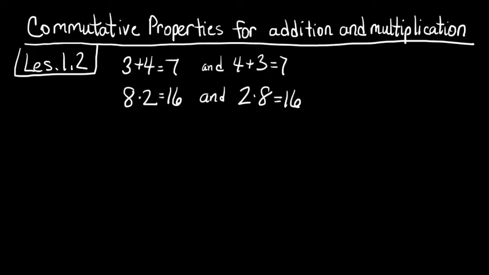If you have A and B, I can say A plus B equals B plus A. All that is taking what I just told you about 3 plus 4 and 4 plus 3 and turning it into an algebraic expression. So that's addition.